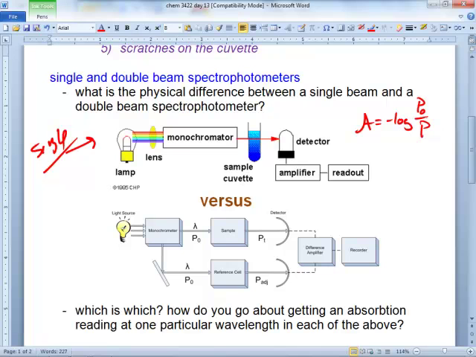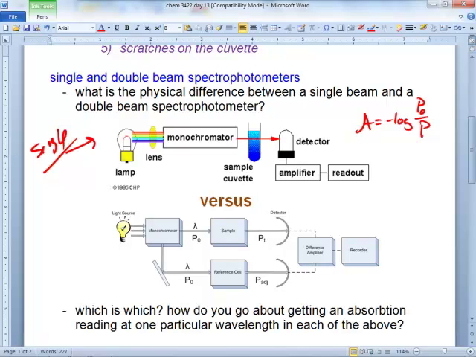So again, how would you do an absorbance reading using the single beam spectrophotometer? What do you have to do first? I like the dial thing. Get it to the wavelength. Good. Do that, or push the button, whatever you got, to get it to the nanometers. Then do what? How do you get your blank? You put the regular cuvette in, without anything, or with water, whatever you want.